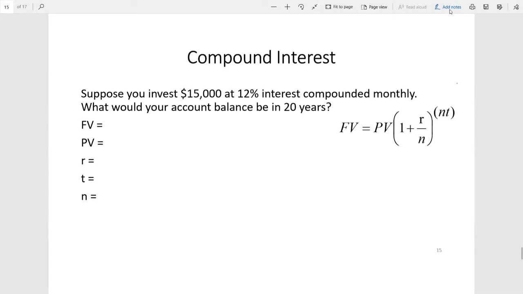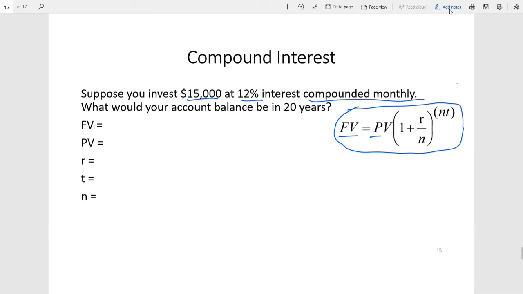Okay, the first example for compound interest: suppose that you invest $15,000 at 12% interest, compounded monthly. What would your account balance be in 20 years? We want to calculate this using the formula: future value equals present value times 1 plus R over N to the NT power.